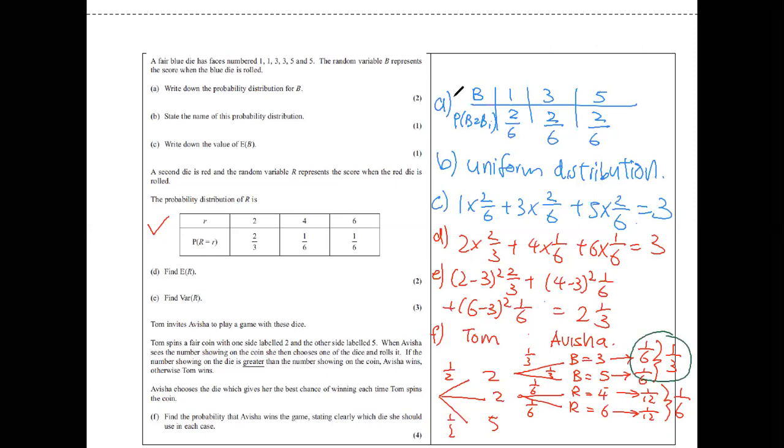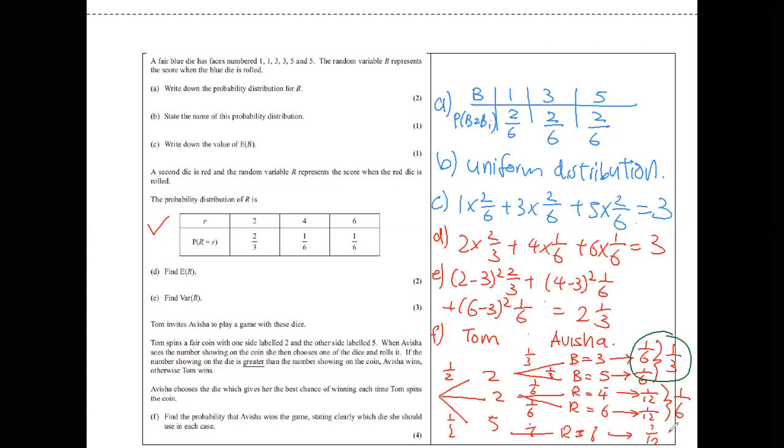Okay, followed by for the 5. So if the coin goes 5, she can only choose the red die, and the red die will give you 6 if she has to win. So it's 1 out of 6. So this will be 1 out of 12.